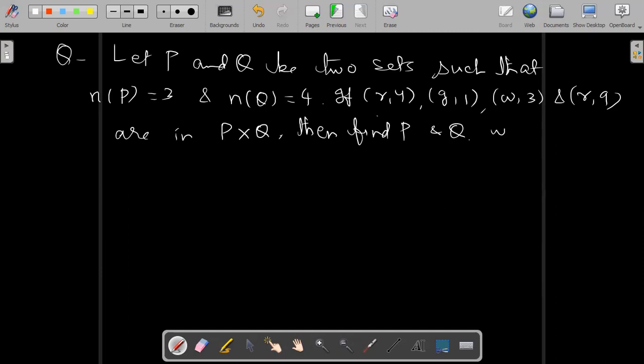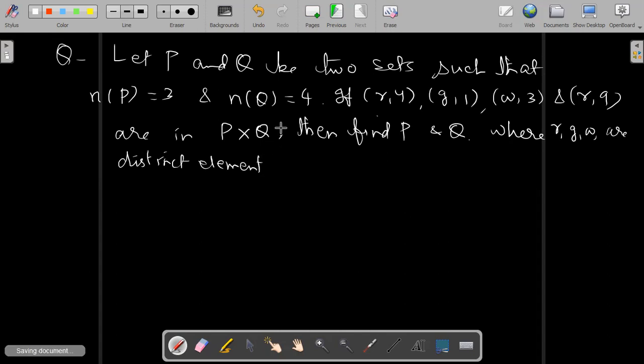Find P and Q, where R, G, W are distinct elements, because we are taking distinct elements. That's why they write that these are the distinct elements.